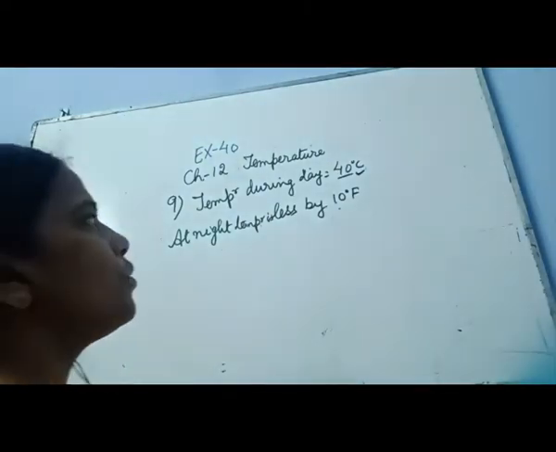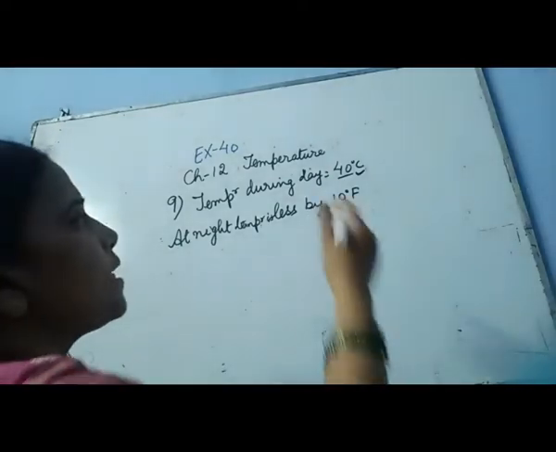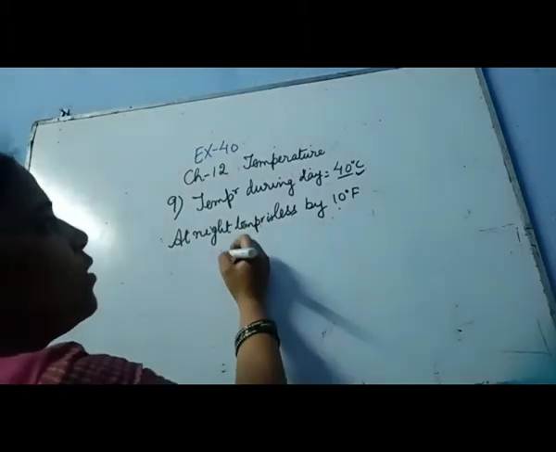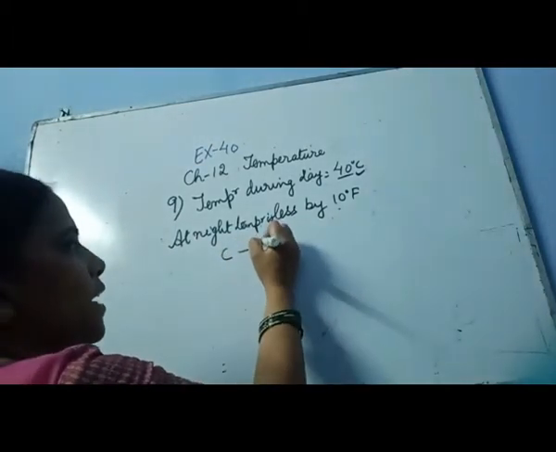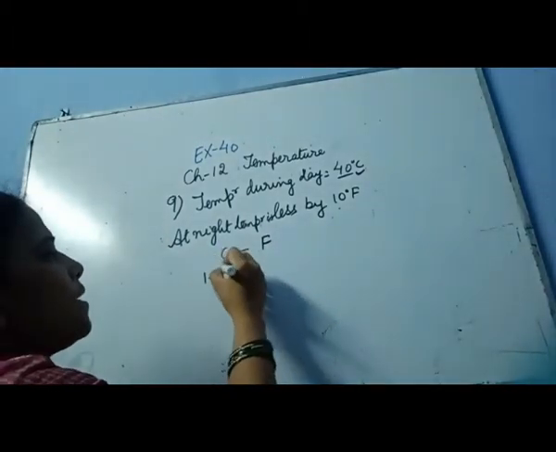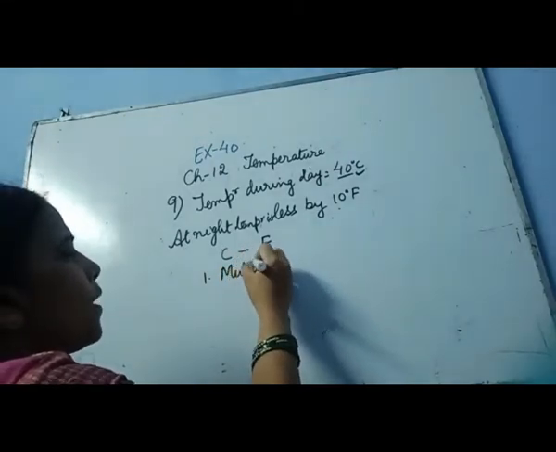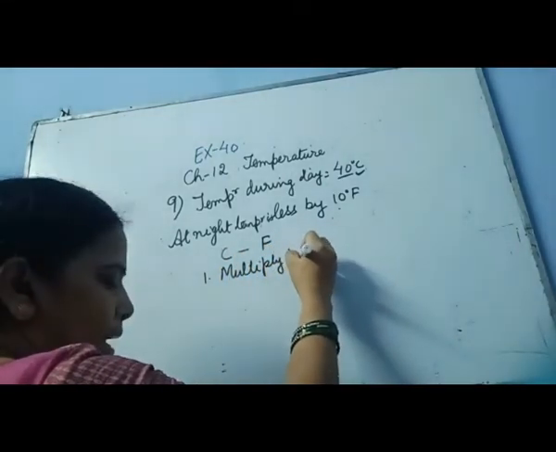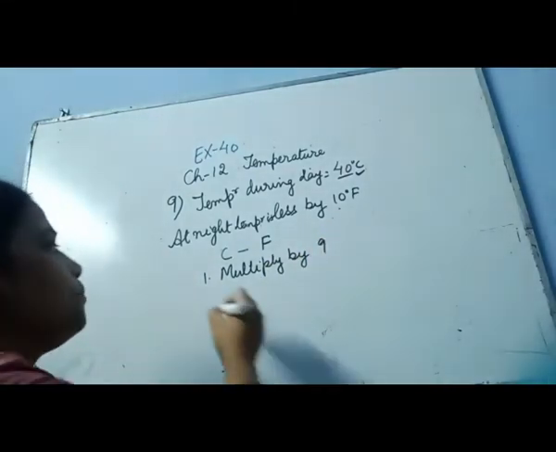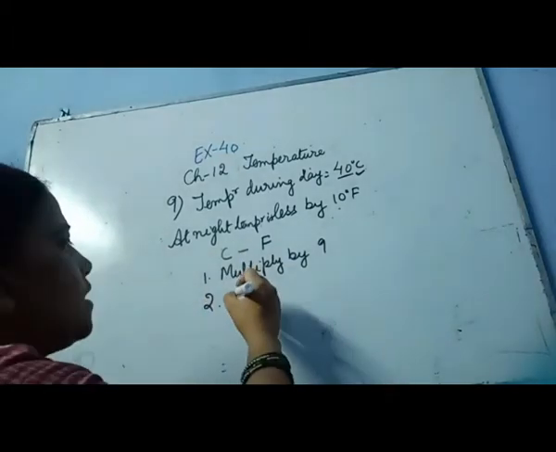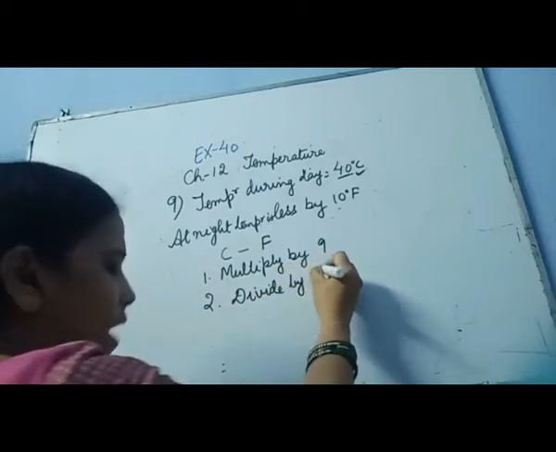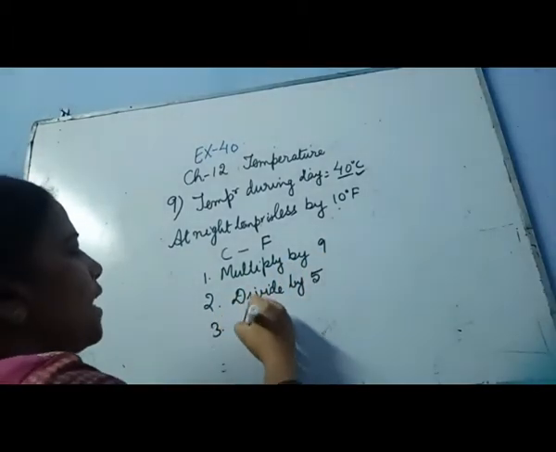I am going to use the steps which have been given in your book. To convert Celsius to Fahrenheit, the first step is multiply by 9, the second step is divide by 5, and the third is add 32.